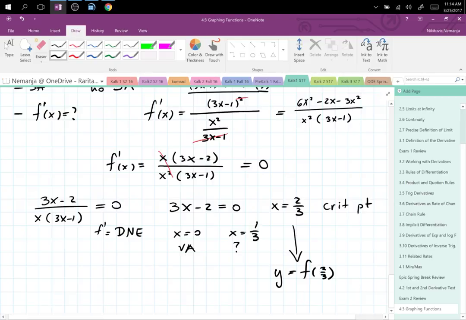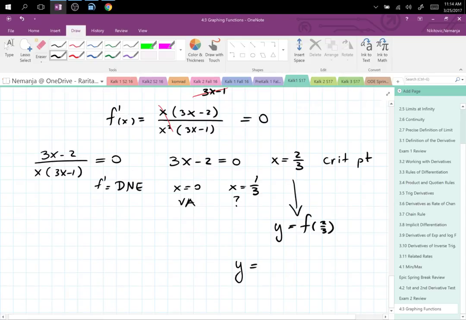Y is equal to ln of x squared, which means 4/9, divided by 3 times 4/9 minus 1. So that's 12 minus 9, which is 3. ln of 4/3.